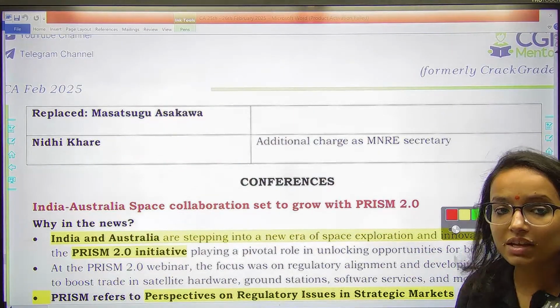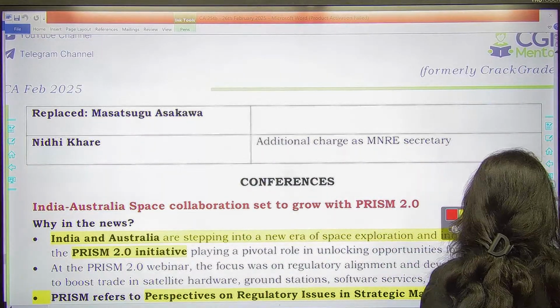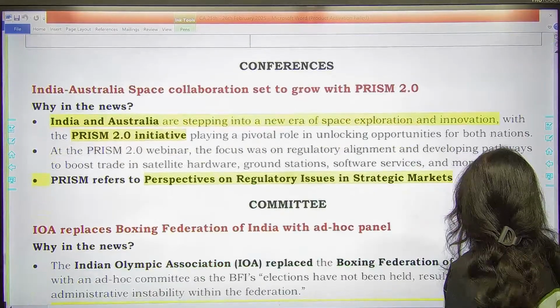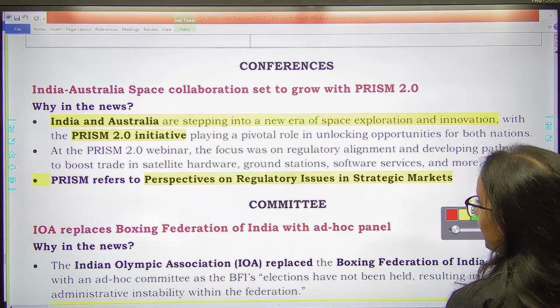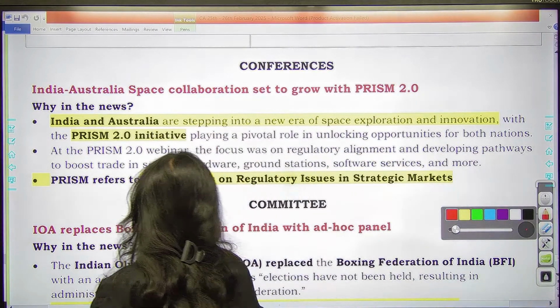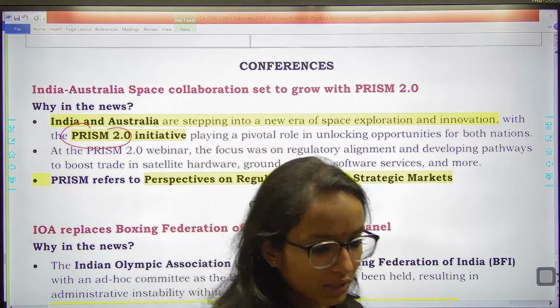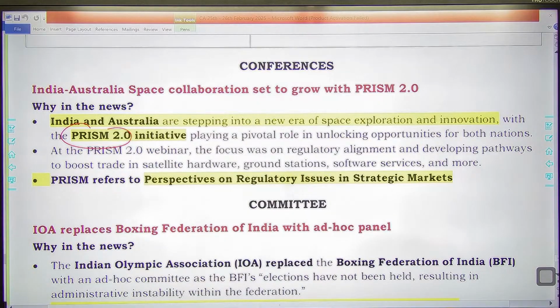Then you have Nidhi Khare appointed as additional charge for Ministry of New and Renewable Energy Secretary. Conferences where you have India and Australia recently are stepping into more exploration and innovation with PRISM 2.0 initiative. So you need to remember PRISM 2.0 initiative is between India and Australia. What is PRISM?